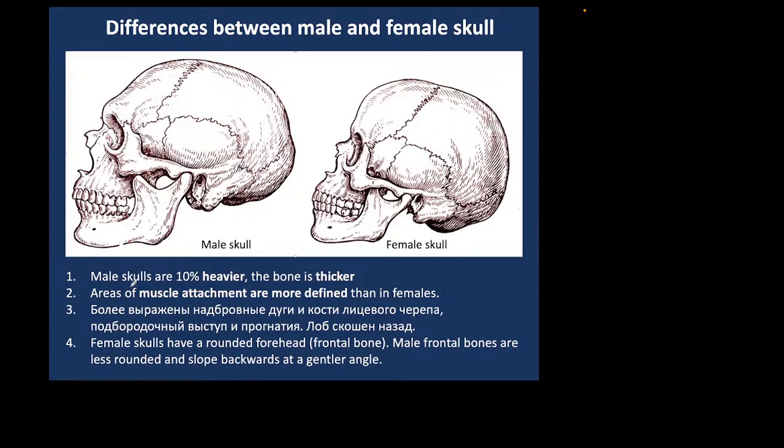Another feature is that areas of muscle attachment are more defined in men skull than in females. I mean such places where muscles attach to the bones, to the skull bones, like here.